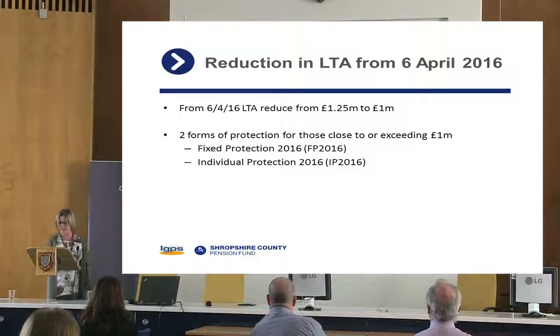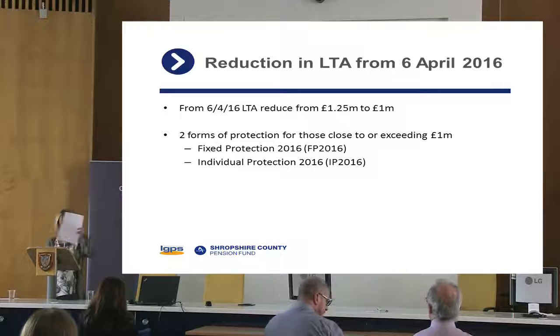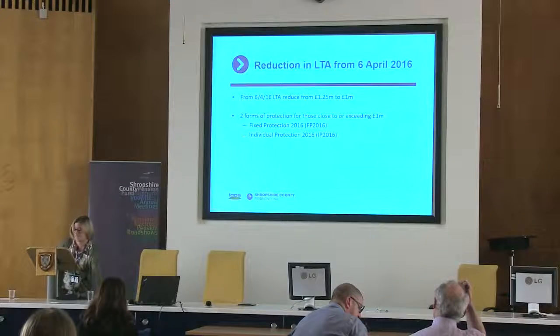From the 6th of April 2016, the lifetime allowance reduced to 1 million from the 1.25 million which it was beforehand. The government provided two forms of transitional protection, fixed protection 2016 and individual protection 2016, for those people who are close to the lifetime allowance.